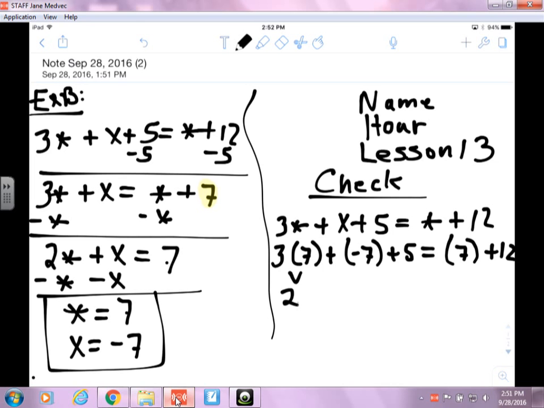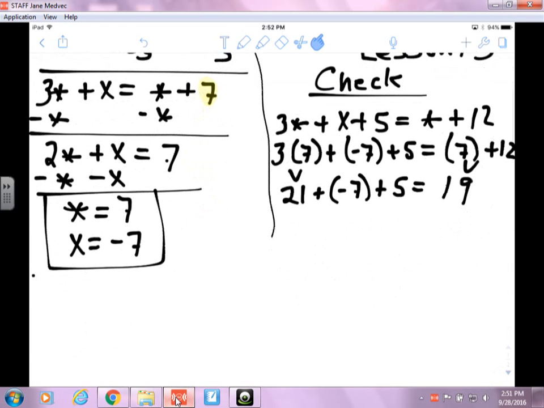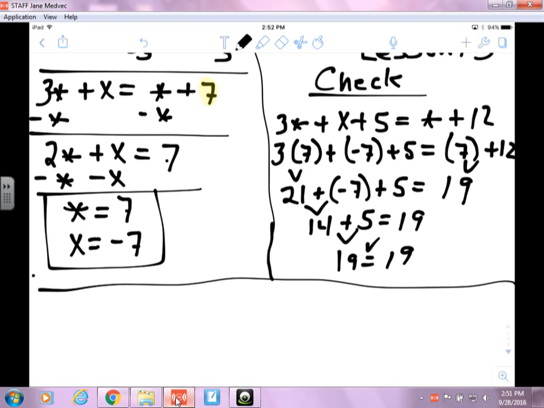Good, and I get 21. I'm going to add on the other side. Add these 2 together. Okay, and remember it's 1 step at a time. Are there questions on B? Something you don't understand? Okay.